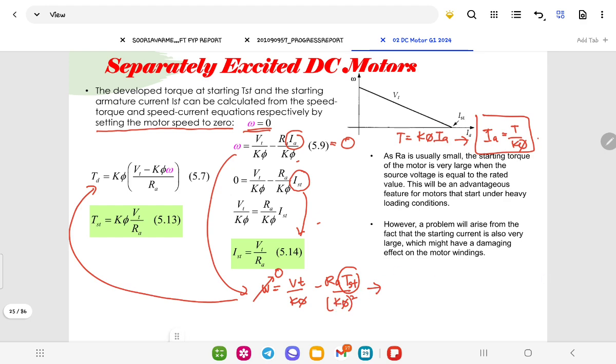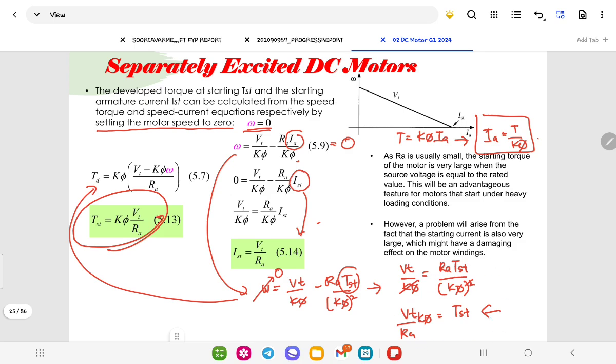Let's derive it back, since one of your friends is asking about the derivation. Let's rearrange this T. So VT over kV equals RA TST over kV squared. We can cancel the square and kV, and since we need the starting torque, TST equals VT kV over RA.